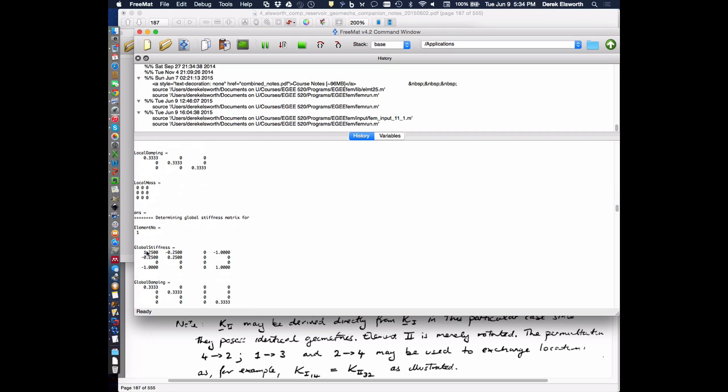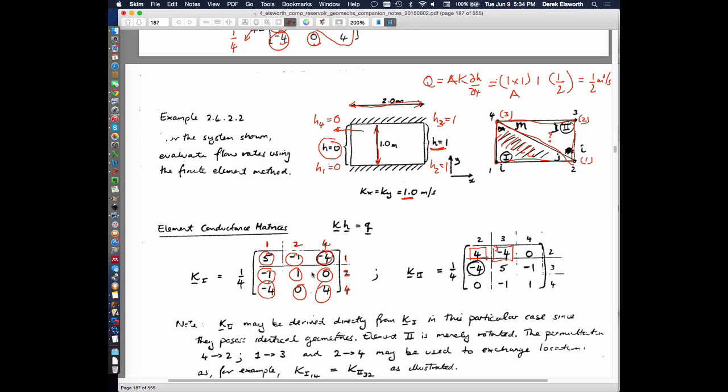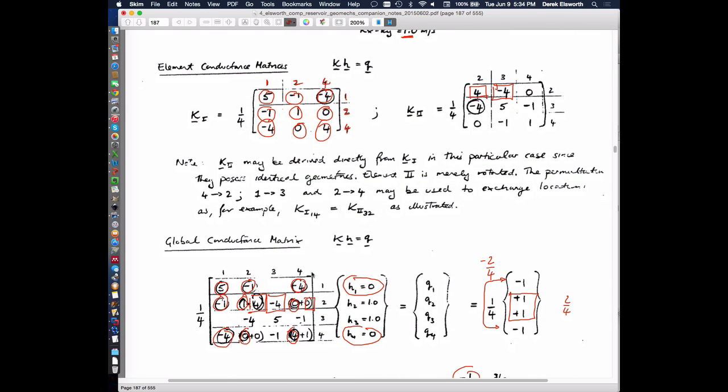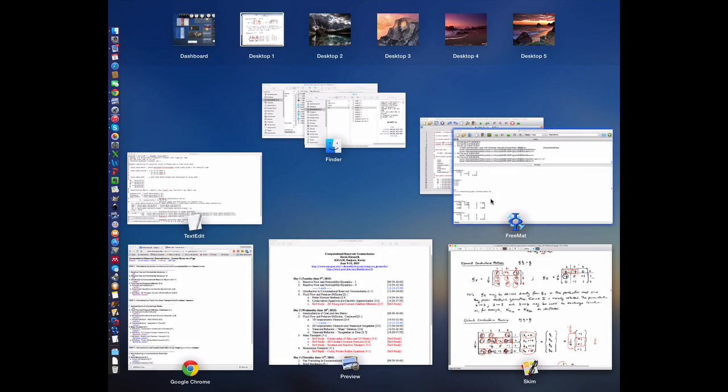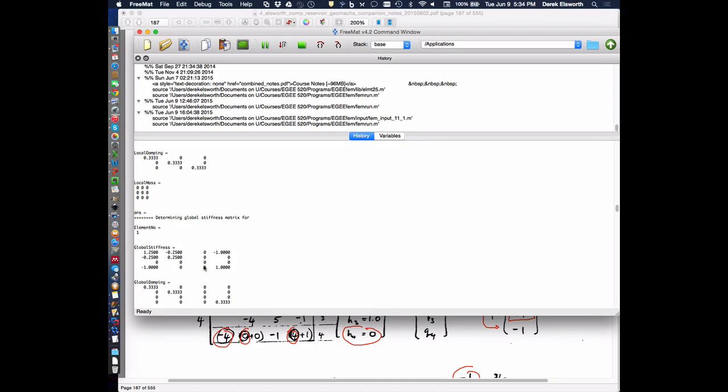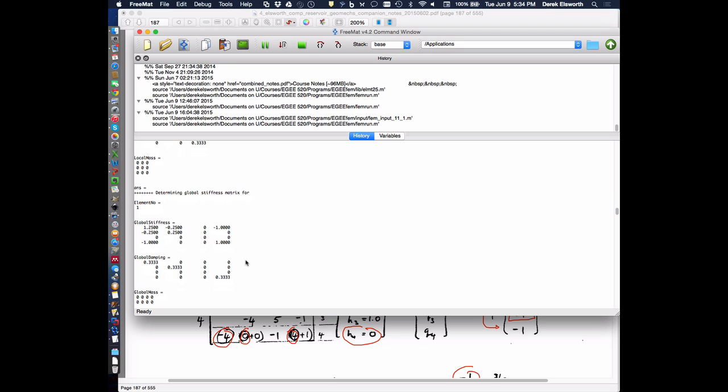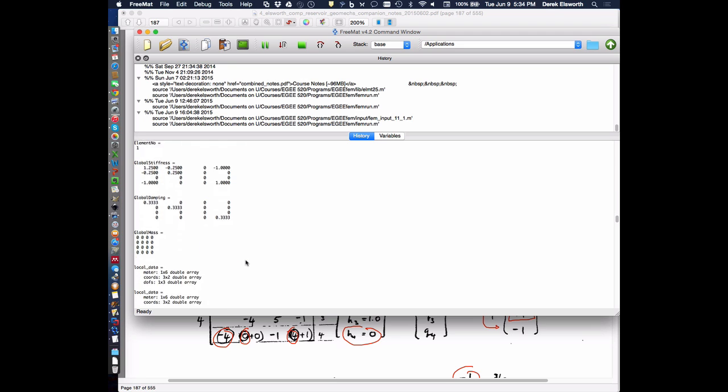We put that into the global one, which goes into these locations, which must look like we did before in this, right? So this is occupied, and this is occupied. But this one is skipped, and this one is skipped. So that's exactly what you see in this case. This is skipped, and this is skipped across here. So that's the global stiffness with the element number 1 in it.